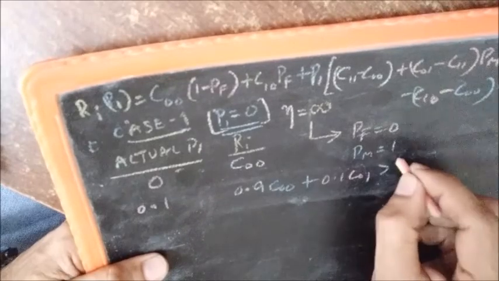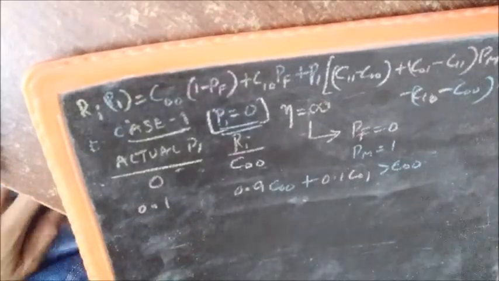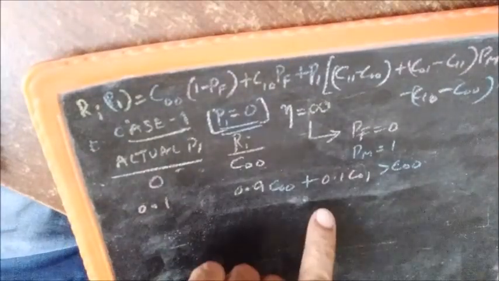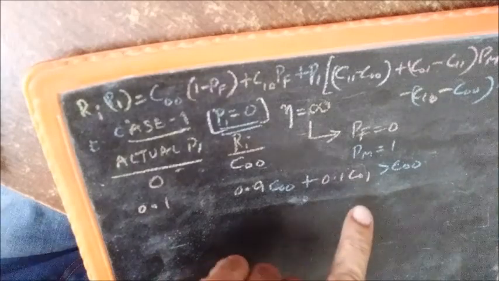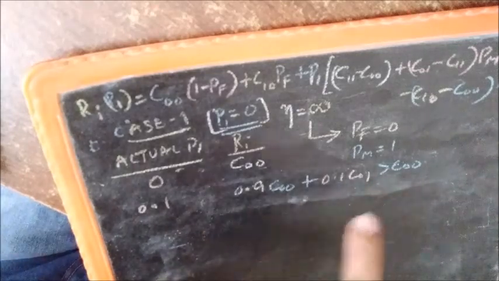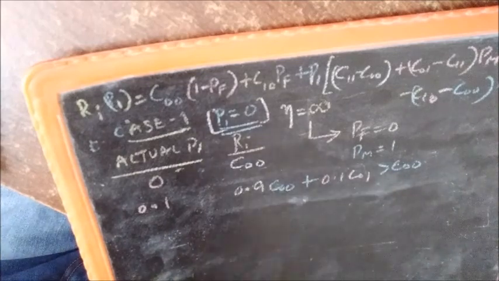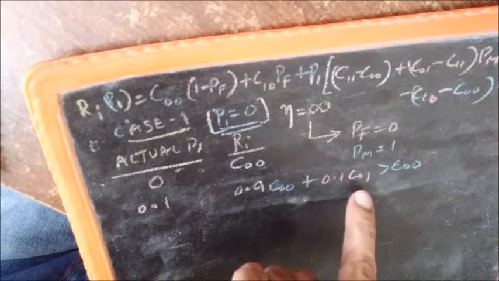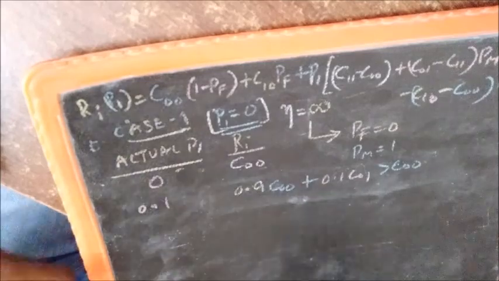This will be more than C00, because C01 is the cost for a wrong decision, which will be more than the cost for a correct decision. So this turns out to be more than C00.